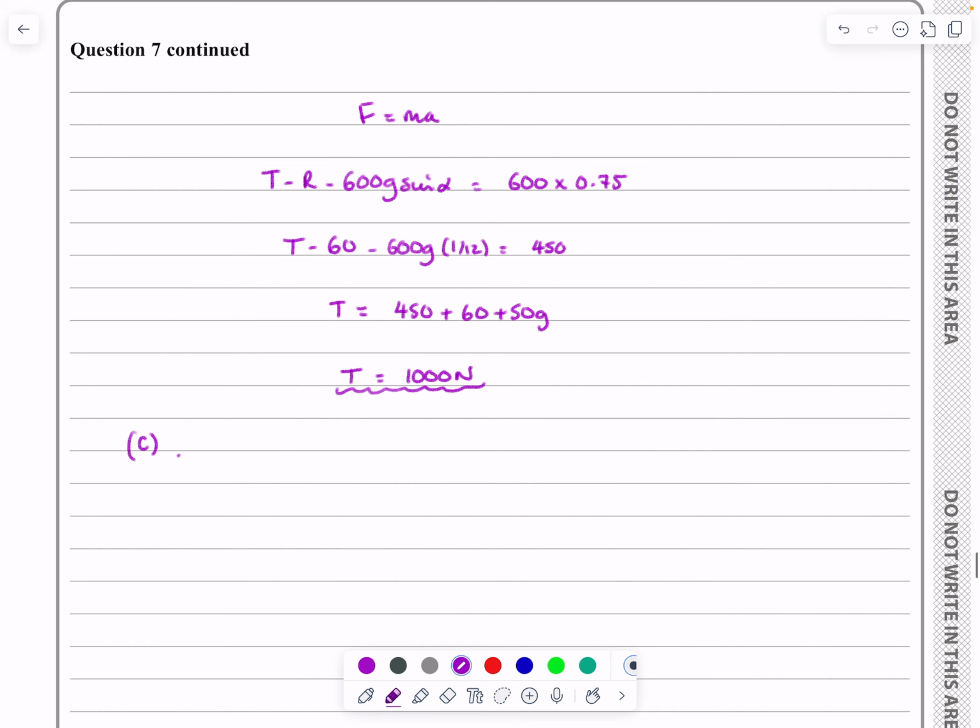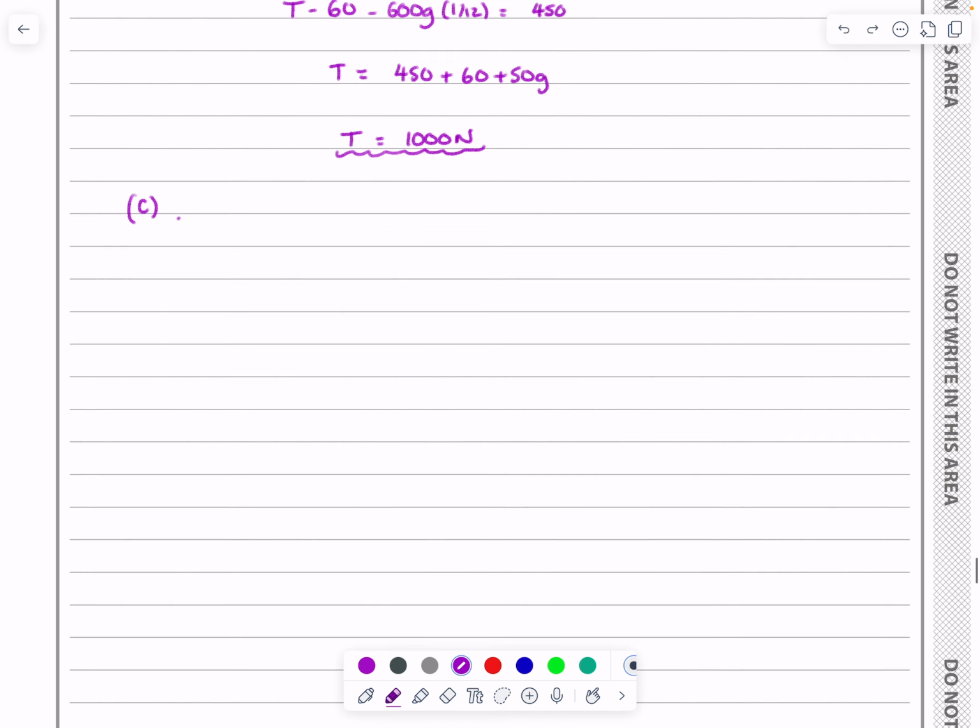If we go back and look at this equation for the trailer, what we now know is that the tension is gone. If it breaks, there's no tension force anymore. There's nothing dragging this thing along. So what I'll be able to do is to work out, using that formula, my new acceleration.